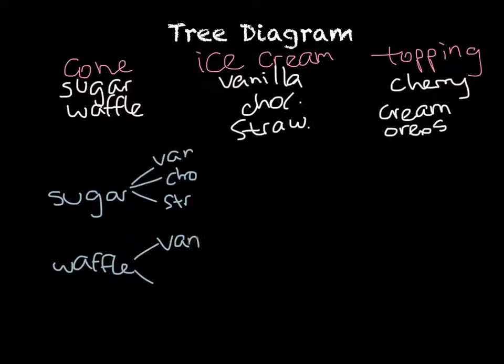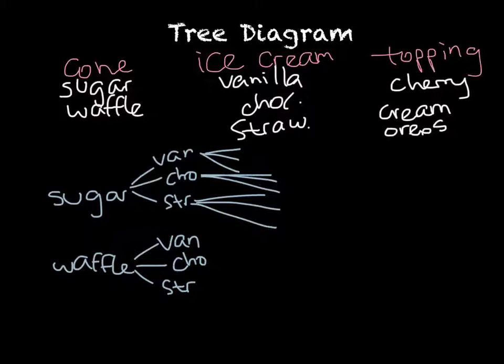Again, vanilla, chocolate, and strawberry. And then each of these branches out again. And so we have cherry, cream, Oreos, and so on for the rest of this.